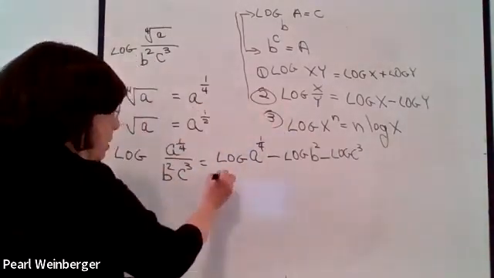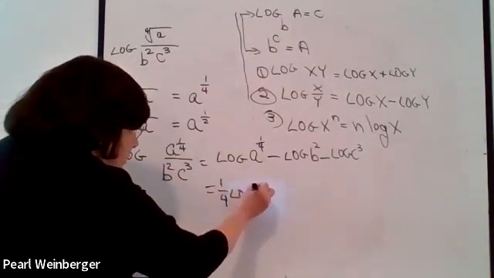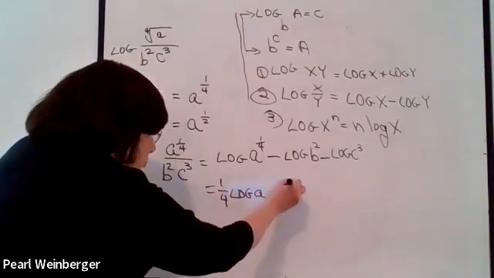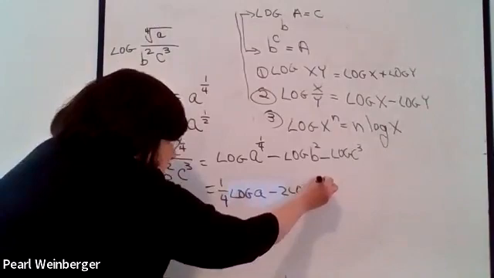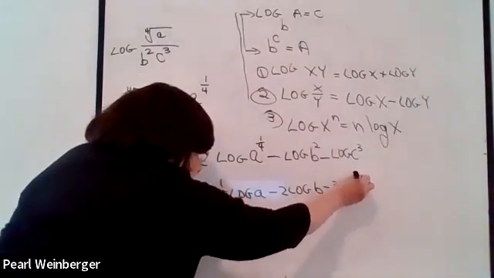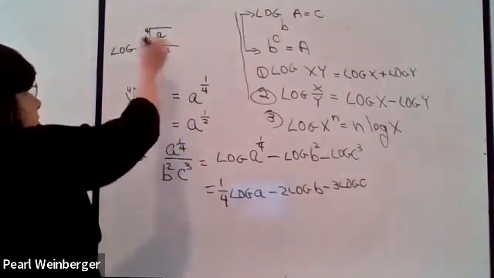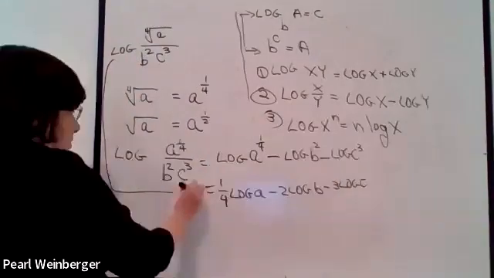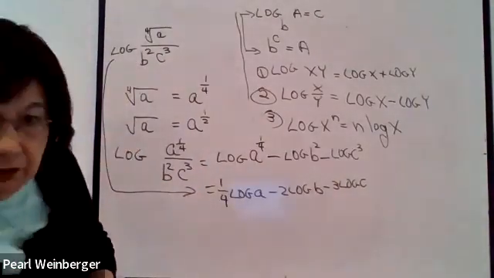So this is going to become 1/4 log a minus 2 log b minus 3 log c. And that's how we would write this expression in its expanded version of individual logs.